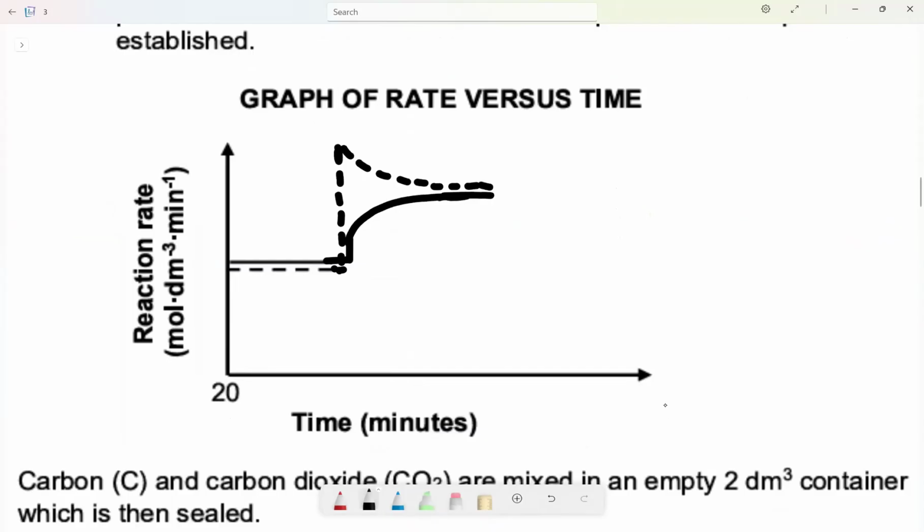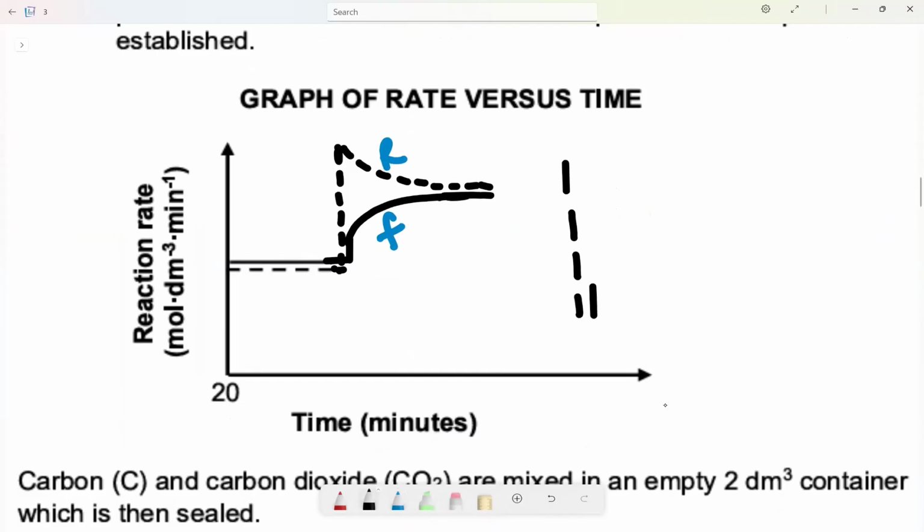Remember, first things first, both of them will increase, but the one that is favored will increase more, then this one will increase less. This is the forward reaction. This is the reverse reaction. After that, what will happen?